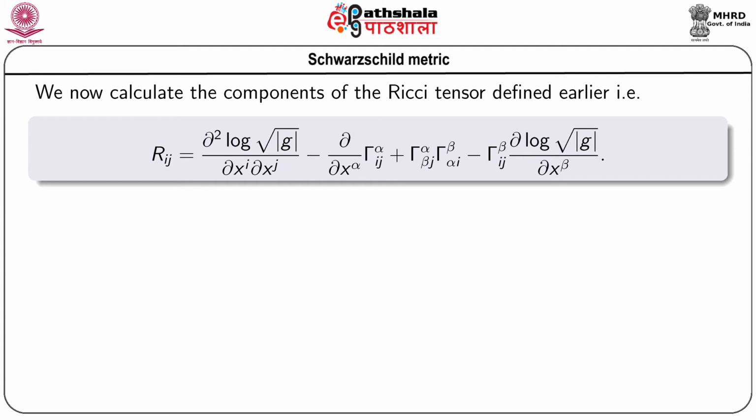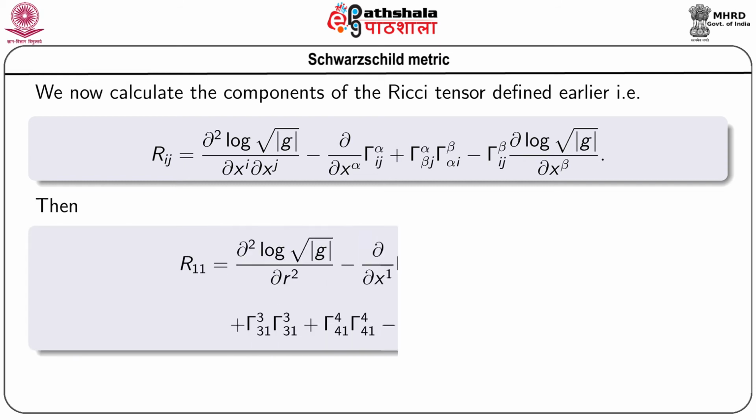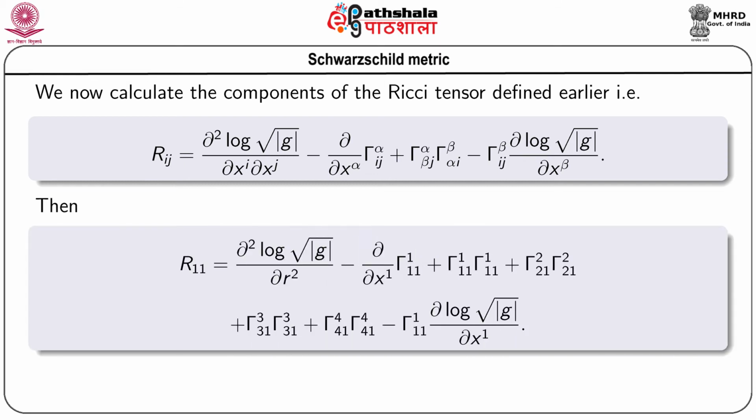So, this is the expression of Rij which we obtained in our earlier chapter. So, just putting the values of all these Christoffel symbols and the values of g, we get the components in this way.